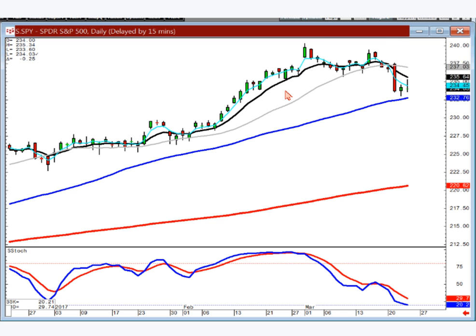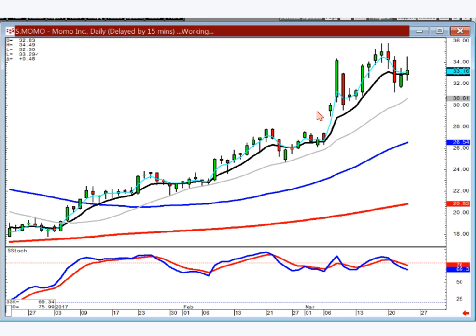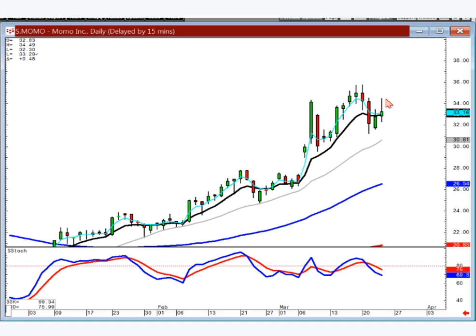The SPY is kind of soggy still, as today it sold right back off as soon as the announcement came out that they were delaying the vote. And Momo is still in an uptrend. Not anything wildly exciting, but if it opens positive, it's going to go back up to the top of the trend channel.